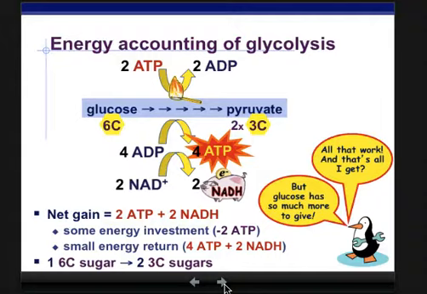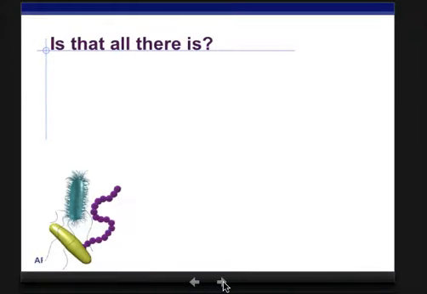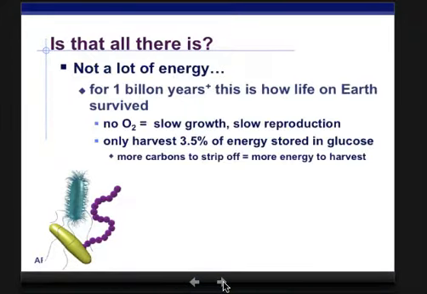All we did was take a 6-carbon sugar and turn it into 3-carbon sugar, and we got just a tiny bit of ATP out of it. But now we can take those 2 3-carbon sugars and get more. It's not a lot of energy, but for 1 billion years, this is how life on Earth survived.